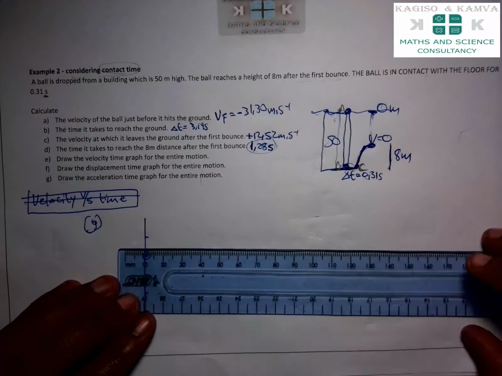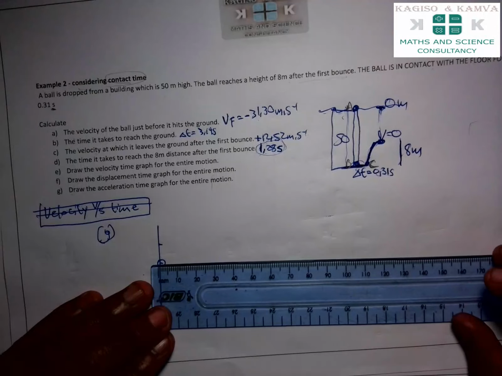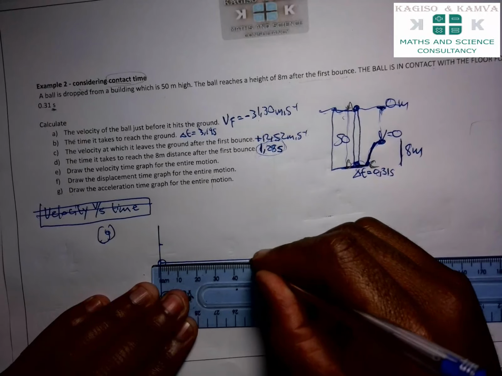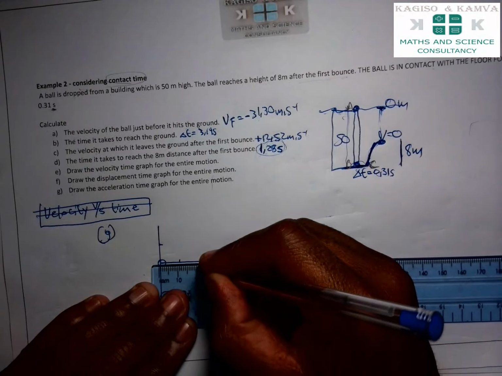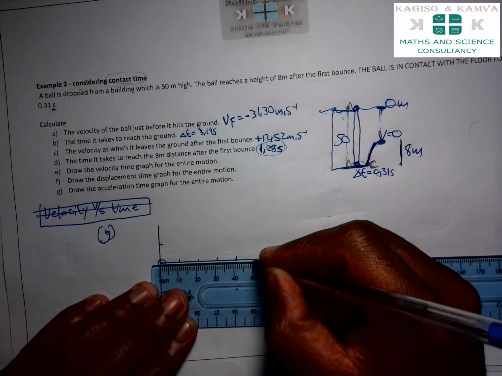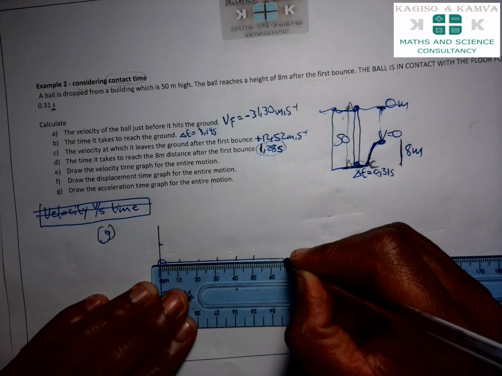Zero here, and then the times 1, 2, 3, 4, 5, 6.